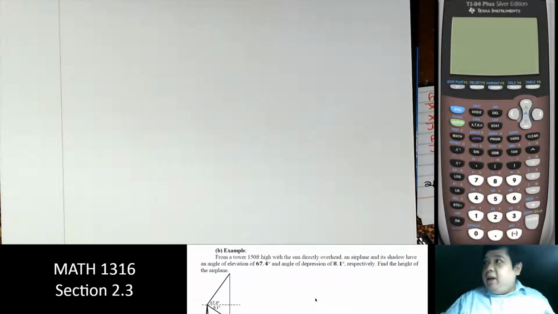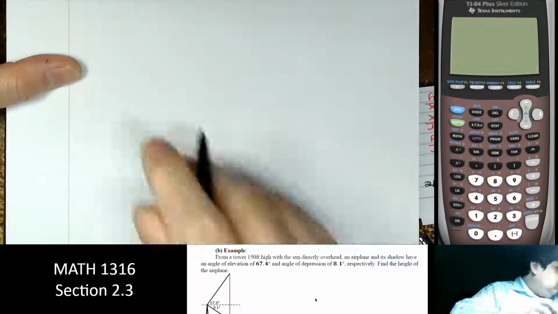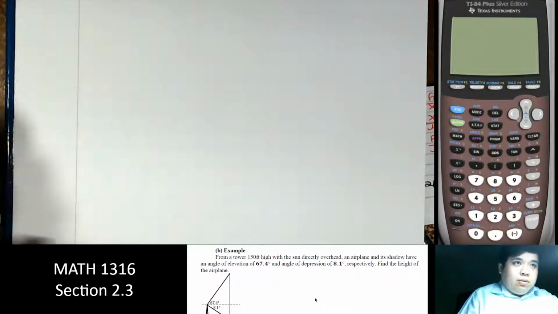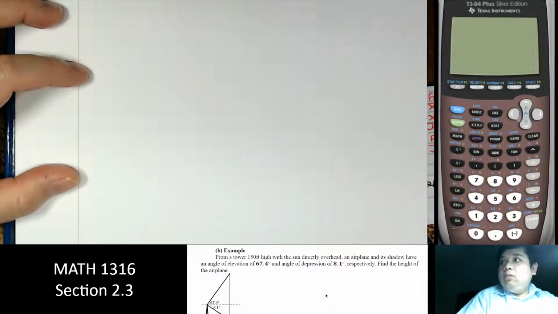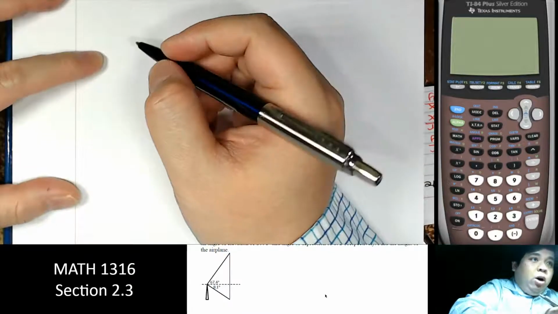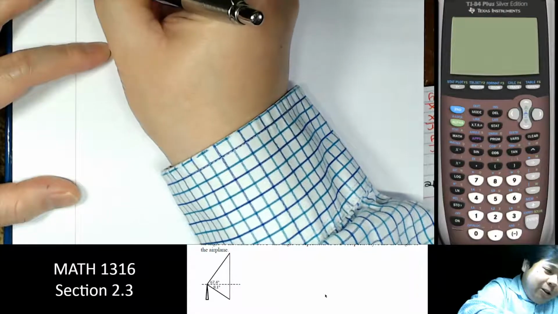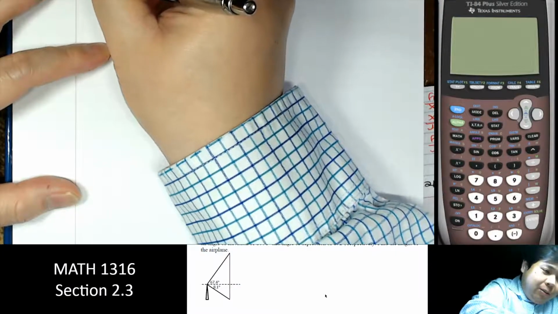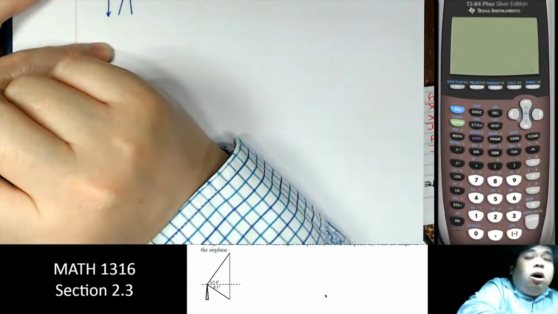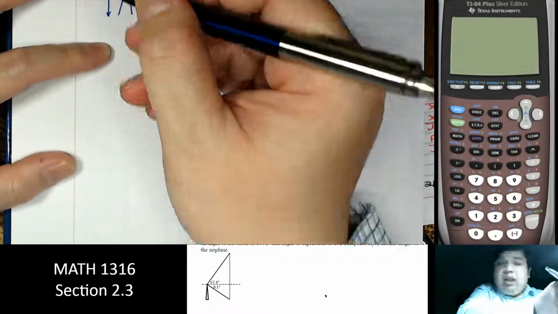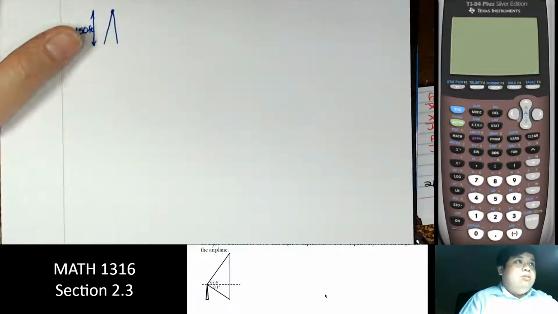Right. Next example, B. So I only draw the pictures. So we have a tower that is 150 feet high.